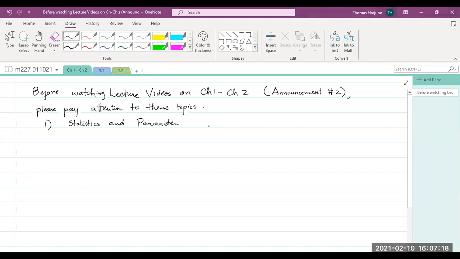Statistic actually has two very different meanings. The statistic as a course, as a field, is a science, and I actually also say it's an art.